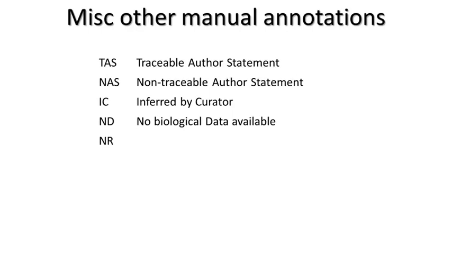In addition, there is IC, for inferred by curator without specifying the source of evidence, ND for no biological data available, and NR for not recorded. You may want to be cautious about using these annotations and try to dig out the direct supporting evidence yourself.